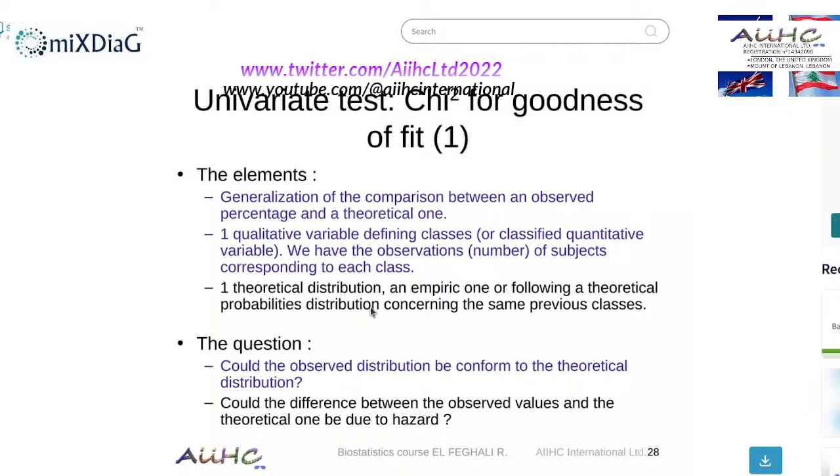If the distribution of your sample of 1,000 police officers conforms with this theoretical distribution of 1 million virtual cops, could the difference between the observed values and the theoretical ones be due to hazard? So this is why we use statistics and type 1 and type 2 errors.